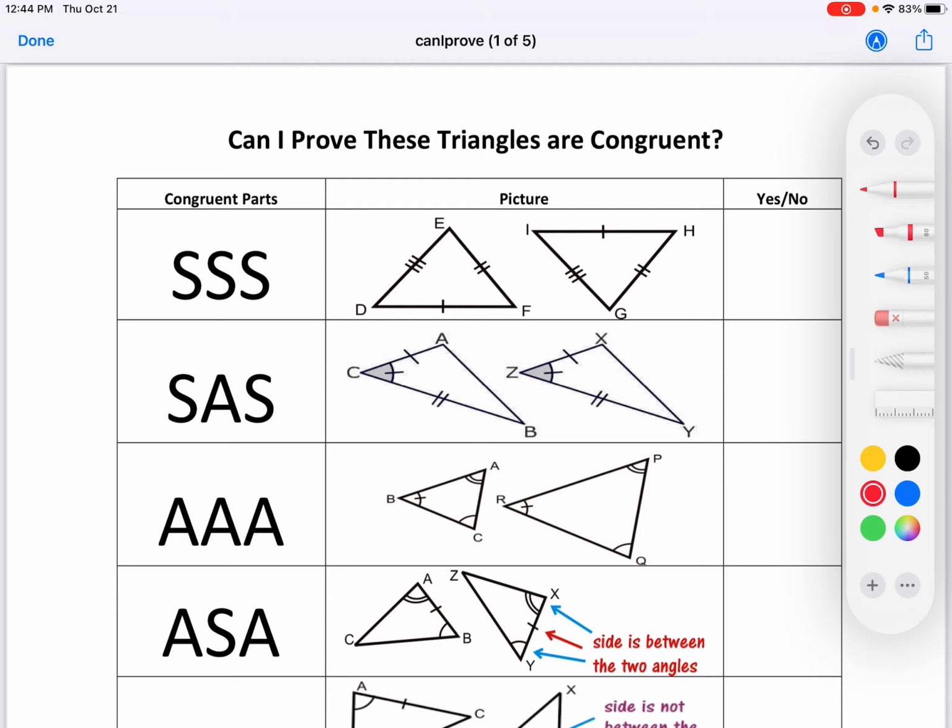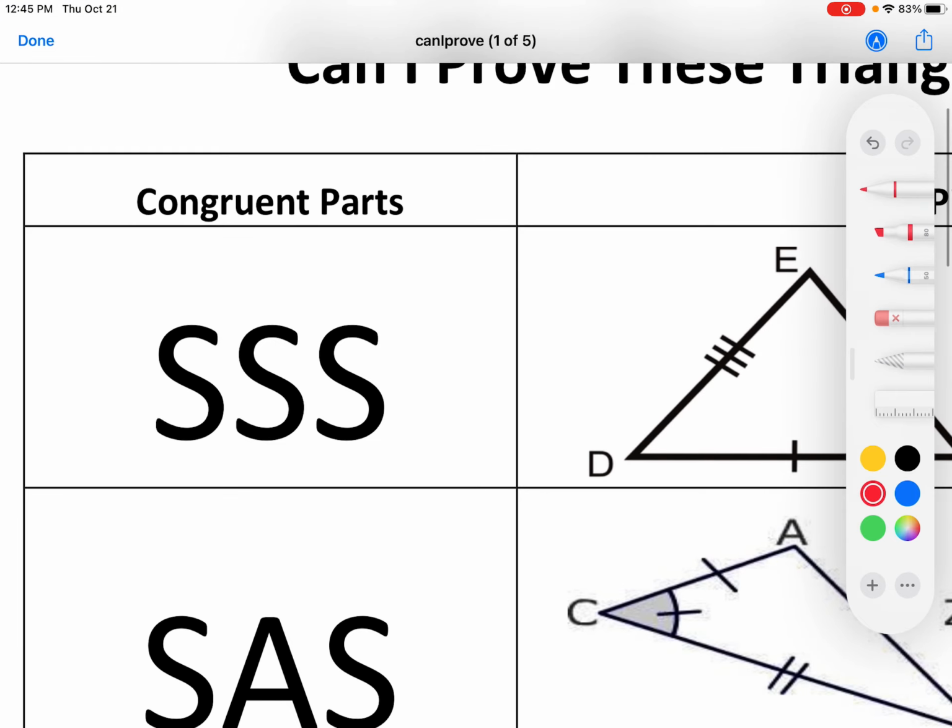So there's a couple ways you can look at this. First, I want to clarify something. All of the S's on the left side of your page stand for side. All of the A's on the left side of your page stand for angle. So when you see SSS right here, that's talking about side, side, side.